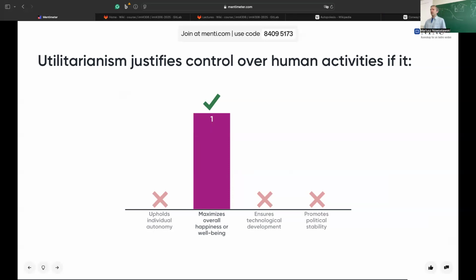So it's a difficult topic as well. What can go wrong? Someone has the control that doesn't want to do what makes people happy. Exactly. So the utility function, which is the happiness, who defines that? How is it defined, right?